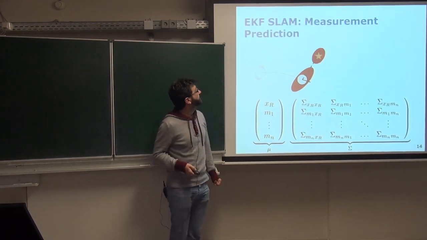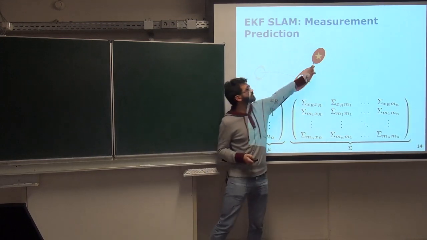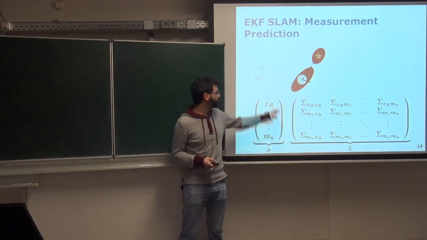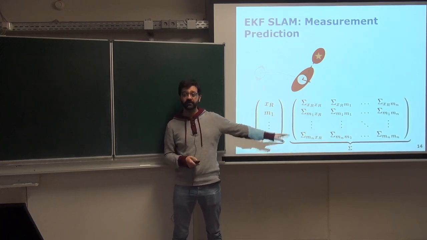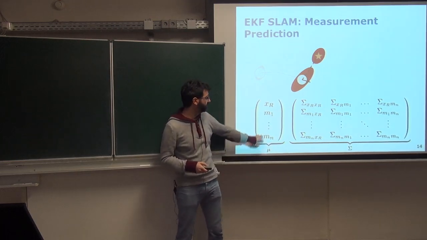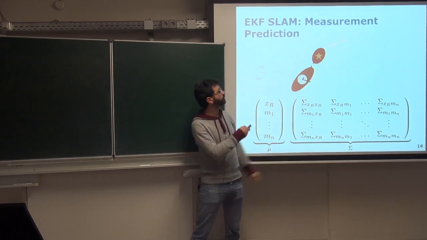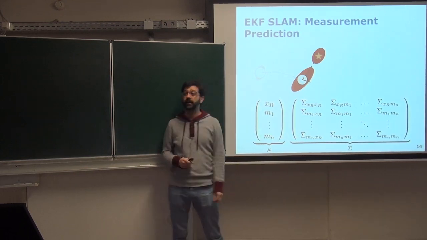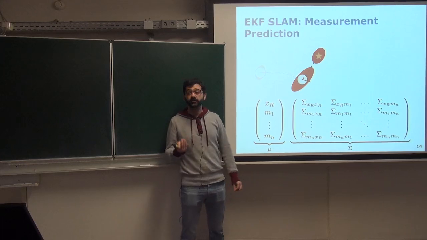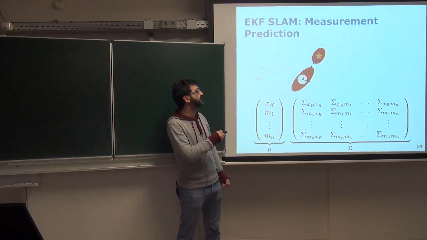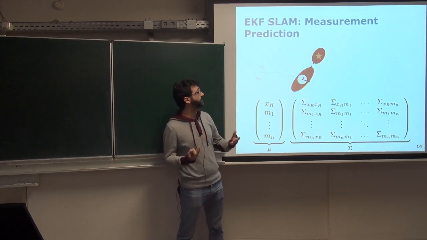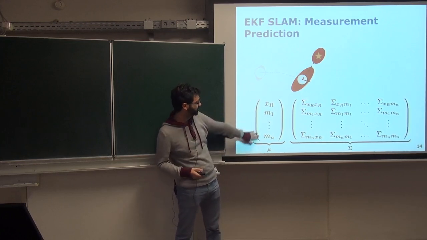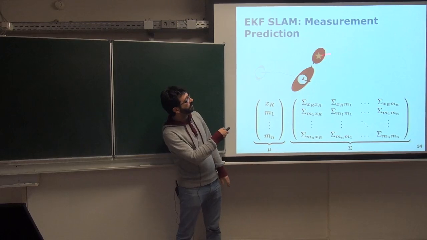The second thing that we do is measurement prediction. We do not touch at all the state or the covariance matrix, but we just use the information contained in here to get this uncertainty there. Basically, we have a certain function that predicts the measurement. We take the value of this function with respect to the mean, and this gives us the location of this landmark.